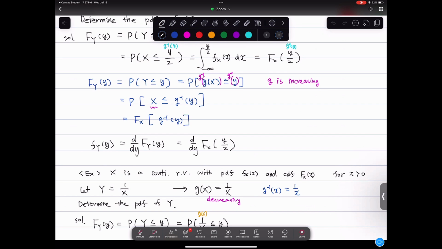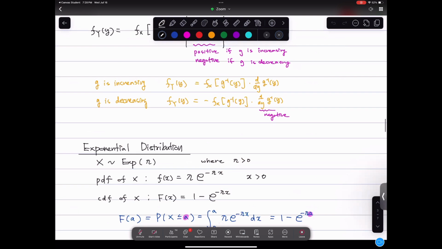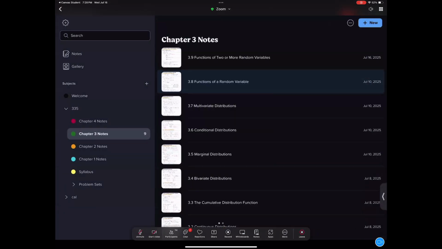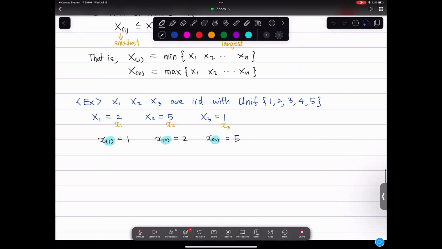So it's like getting the probability of x being a certain number, and you multiply it by the change, or how that changes.